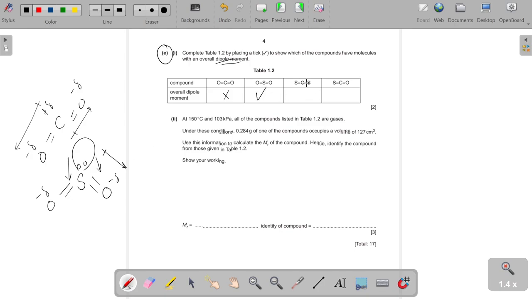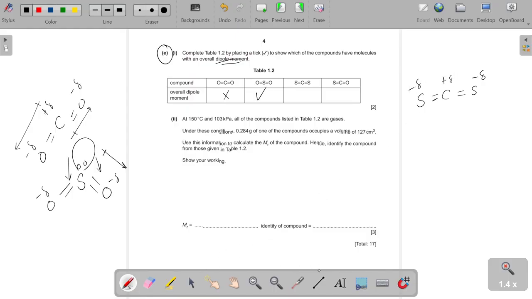So what about carbon and sulfur? On the right side, I have this carbon connected with this sulfur and with this sulfur. It is a similar example to carbon dioxide. Instead of oxygen here we have sulfur, which is also electronegative, and carbon is electropositive.